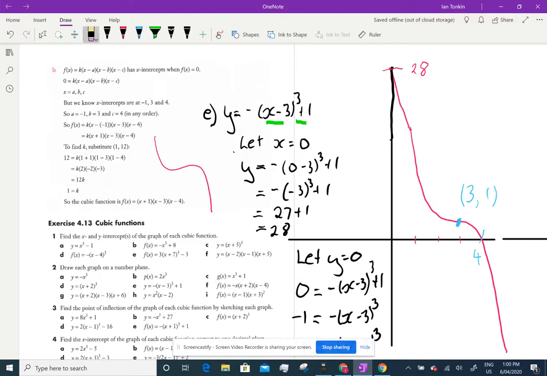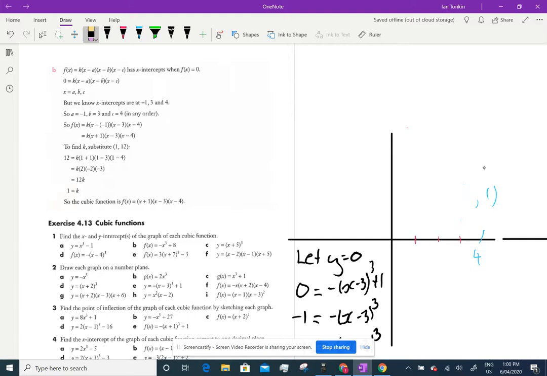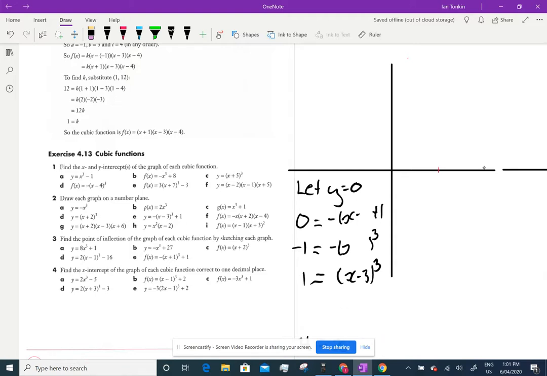Okay. I want to have a go at G, and then I want to have a go at F, and I want to do them in that order. So G is a positive cubic, and this is where you don't need to be as accurate.